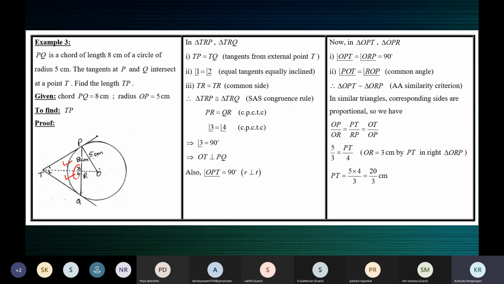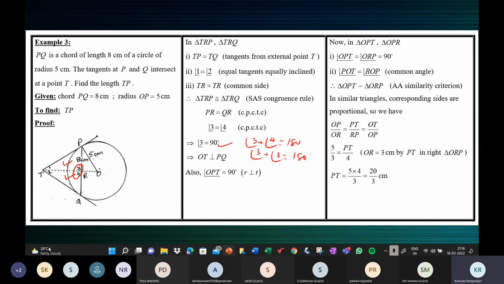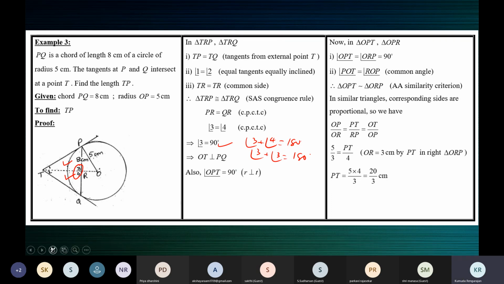So you'll get 3 is equal to 4. If 3 is equal to 4, but 3 plus 4 is equal to 180, linear pair, you'll get 3 plus 3 is equal to 180. So angle 3 is equal to 90 degrees. So this way you prove that the small triangle is a right triangle. This one is 90, we got.